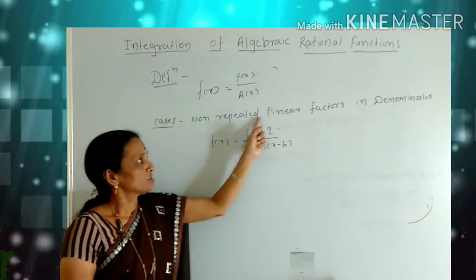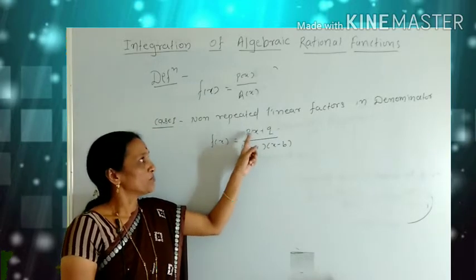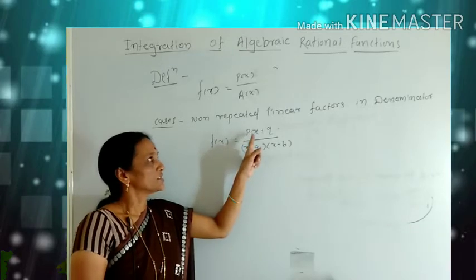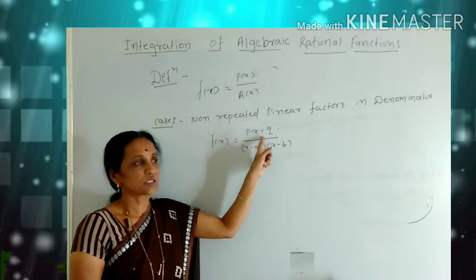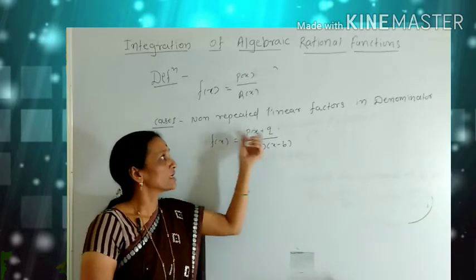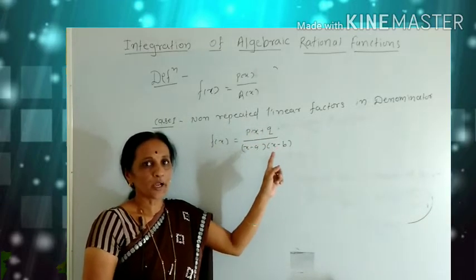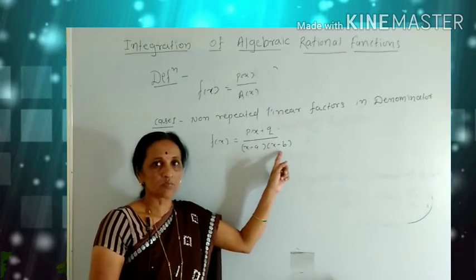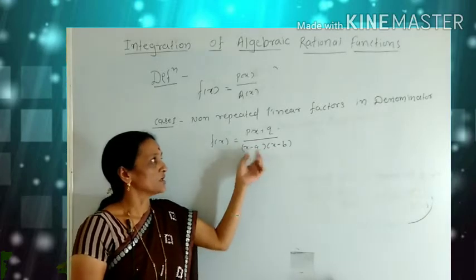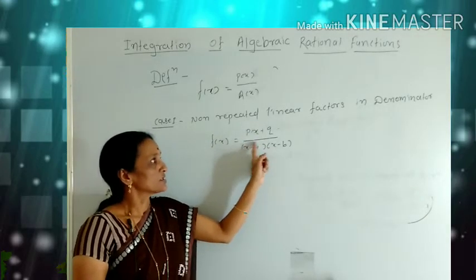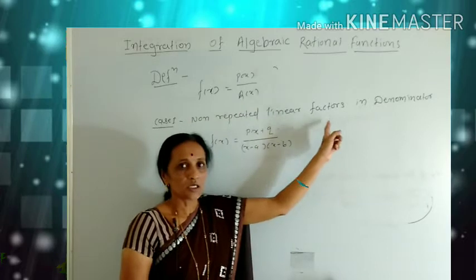Here the function is rational, and the numerator is a polynomial px + q, whose degree is 1, and in the denominator there are two different factors, one factor x - a and another factor x - b. Such factors are said to be non-repeated linear factors in the denominator.